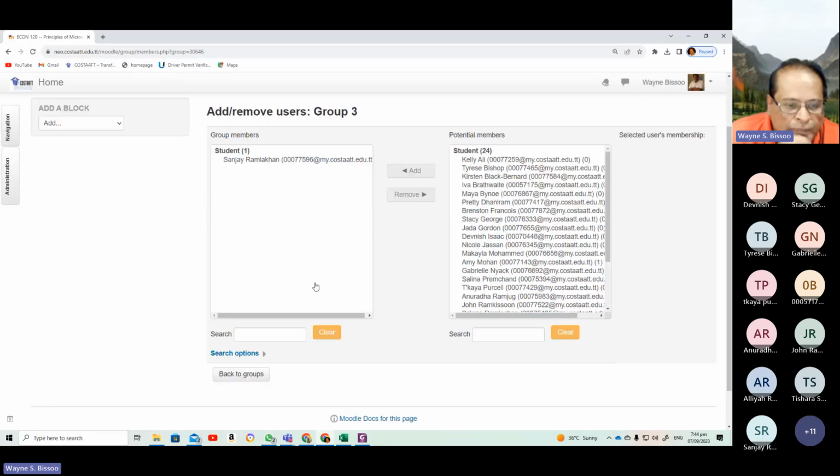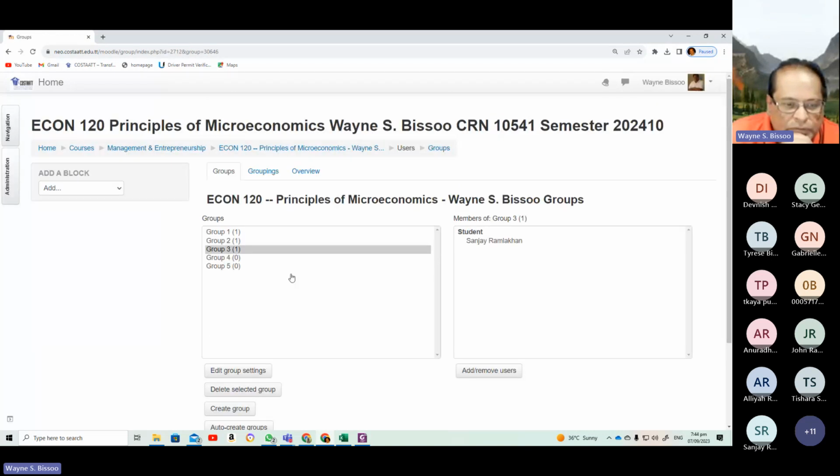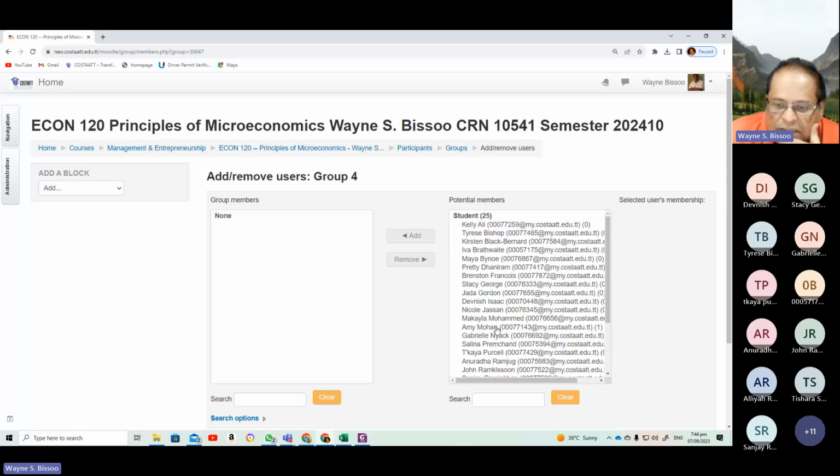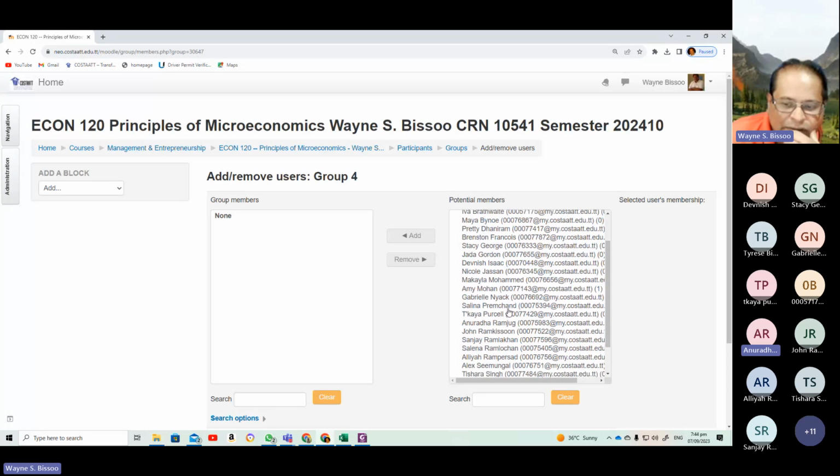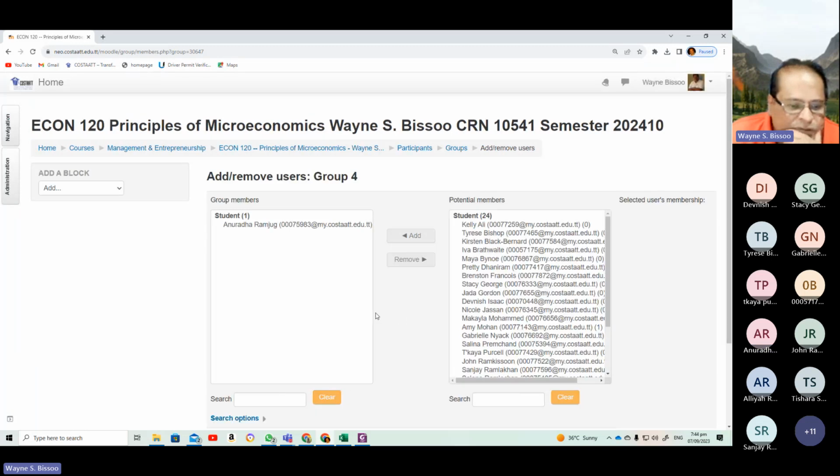No, group 3. Back to groups. Let's go to group 4 and see who else had some. Miss Mohammed, did you have any? Michaela? So Anuradha Ramjag. All right, group 4.